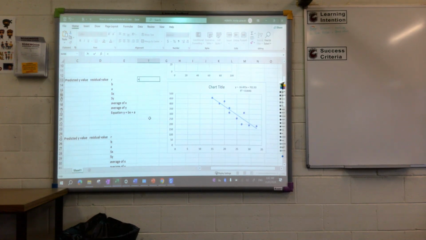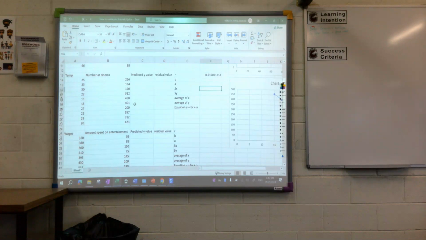So again, going through this process, our R value, we're going to take the square root of our R squared value, which is 0.8446. It equals there.